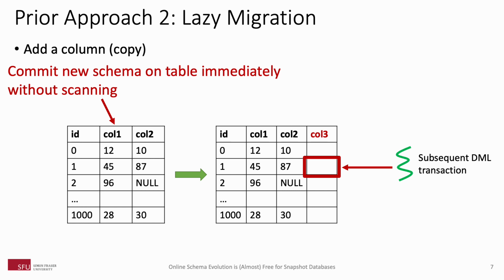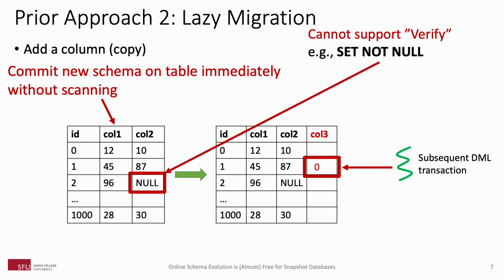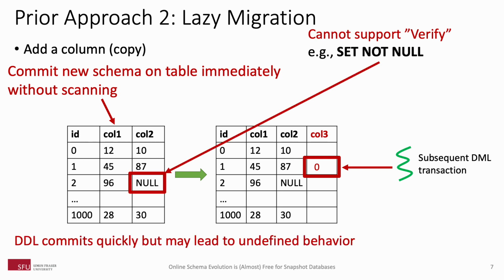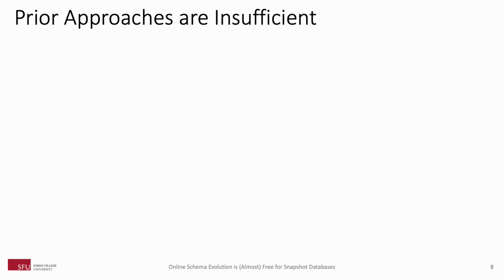So, it will help to add the new column first, then do other operations later. With lazy migration, DDL can commit very quickly, but it cannot support verification here because without scanning, such violations cannot be found. So the DDL commits quickly with lazy migration, but may lead to undefined behavior.